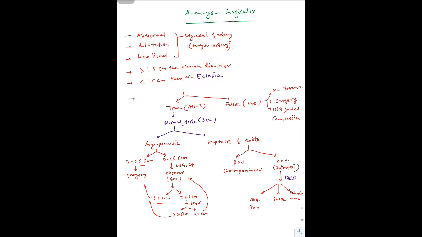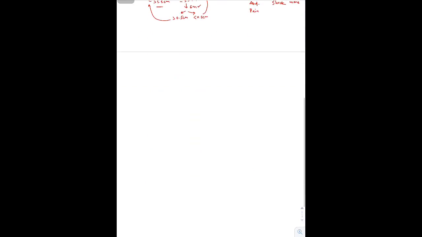So now, before we go to the actual surgical treatment, we will look for the investigation of choice. So guys, for aortic aneurysm or general aneurysm, the investigation of choice we have is ultrasonography.